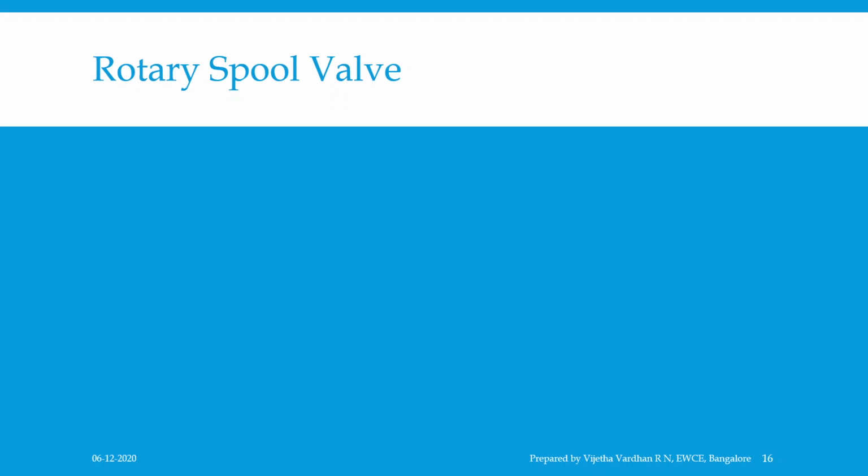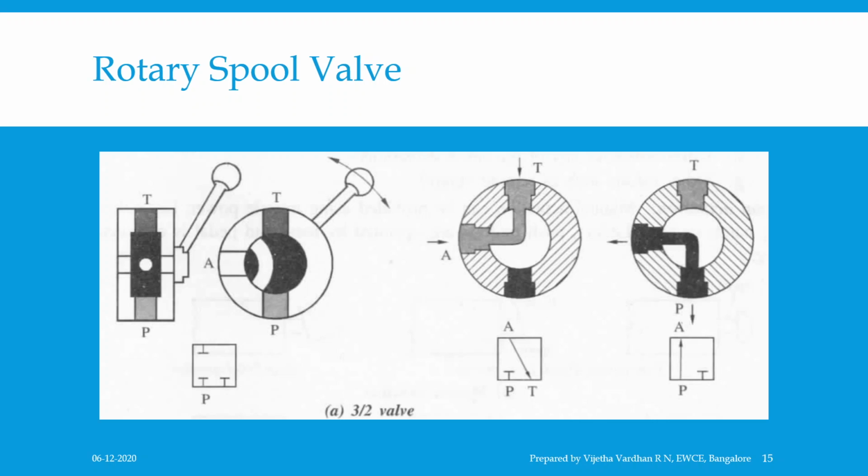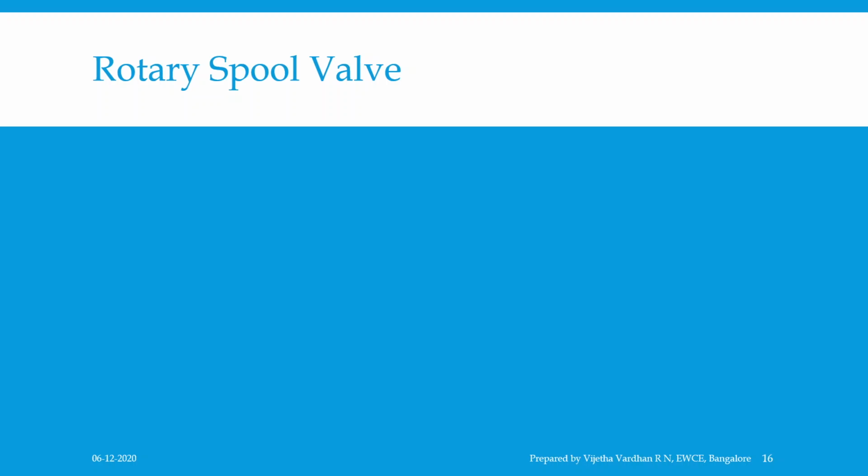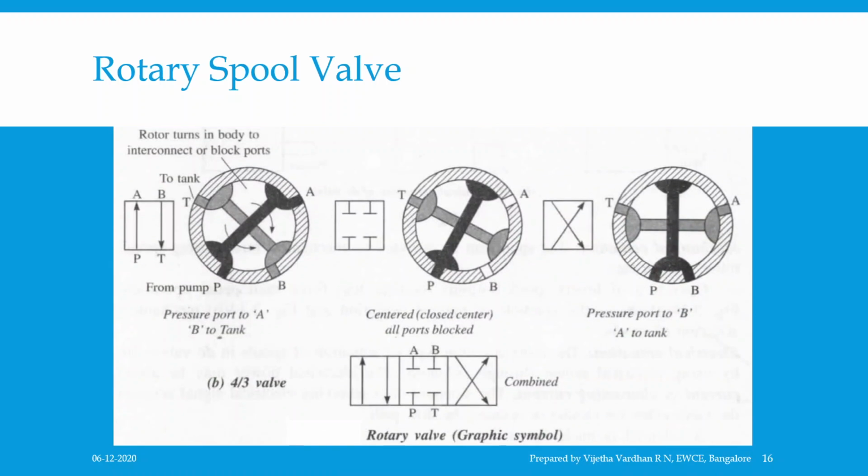Now the figure shows this 3 by 2 valve, which is self-explanatory. And coming to the next type of rotary valve, which is a 4 by 3 valve, you can see the graphic symbolic representation and its working.